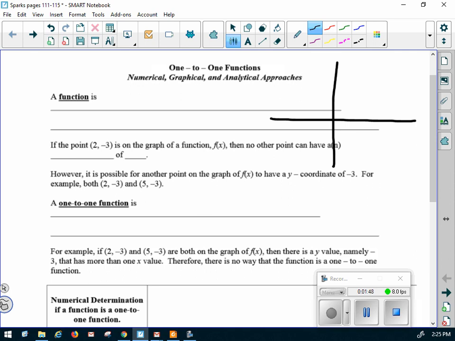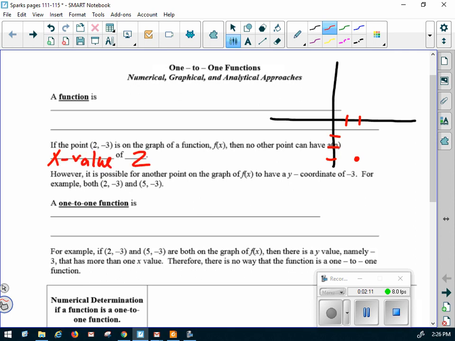The point 2, -3. No other point on that curve can have what? An x value of 2. Right. No other point can have an x value of 2.